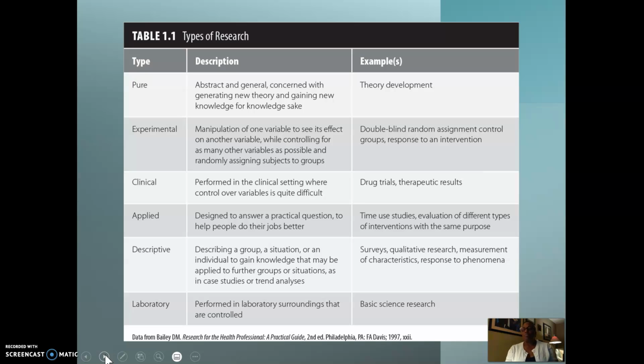There's clinical, primarily looking at drug trials. There's applied, where we're using time studies. There's descriptive, which is more of a qualitative approach, where we're looking at perceptions, characteristics, and patient responses. And then there's laboratory, which is your basic science research.